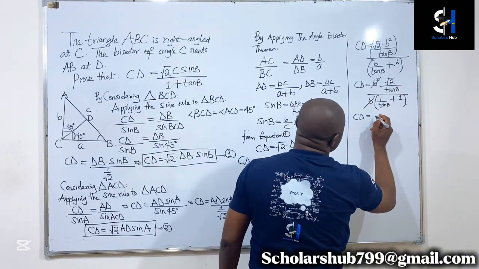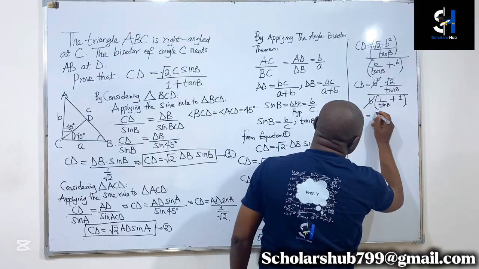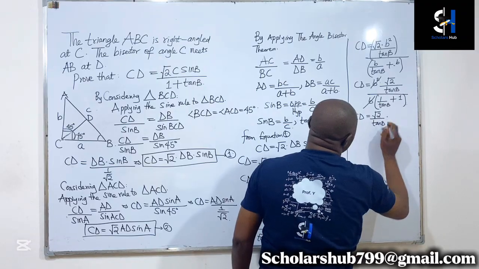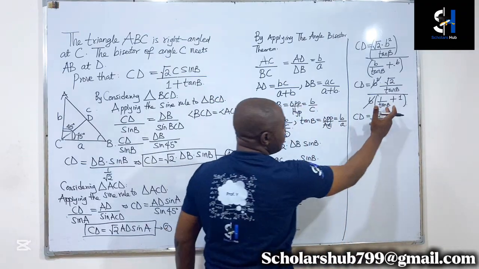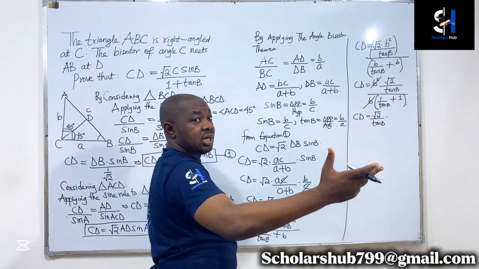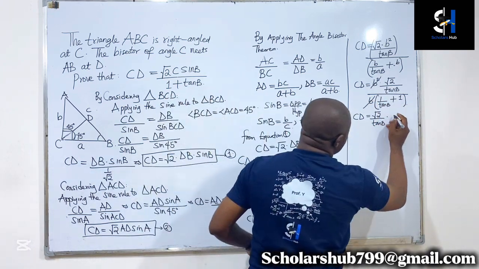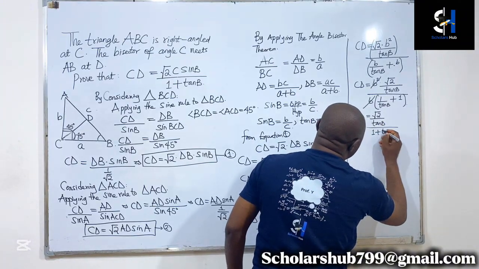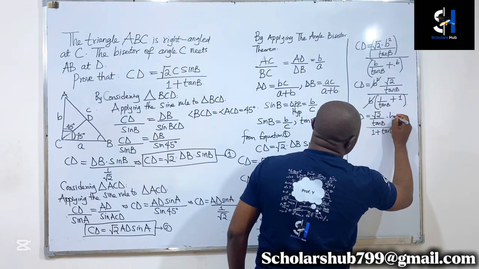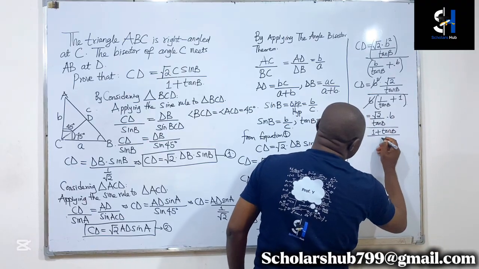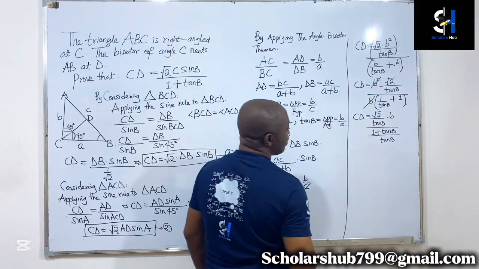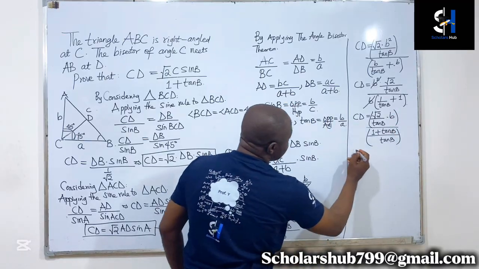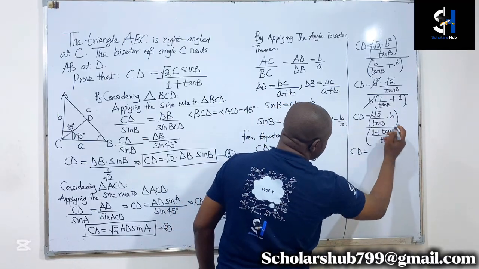Now if we simplify this, it is root 2 over tan B multiplied by the simplification of this, which will be tan B times 1, that is tan B, so we have 1 plus tan B. Let's not forget that we still have B over tan B. So we have two fractions, this dividing this, so this will flip.